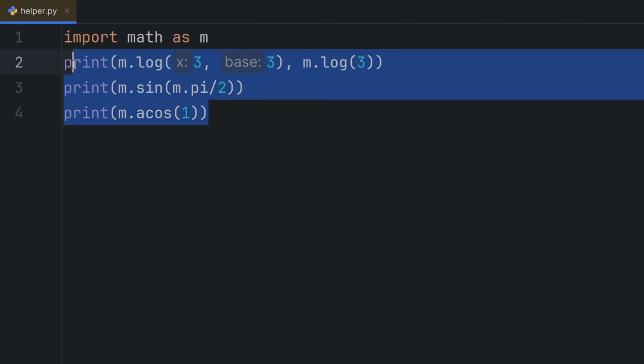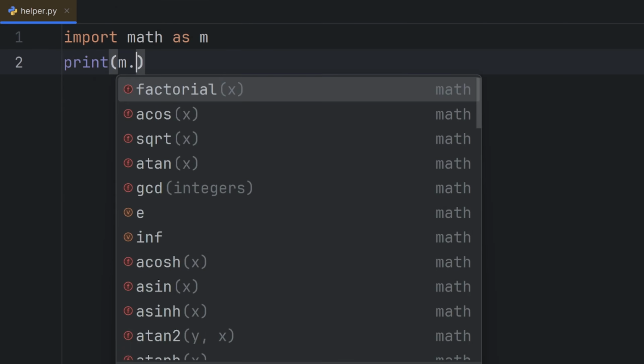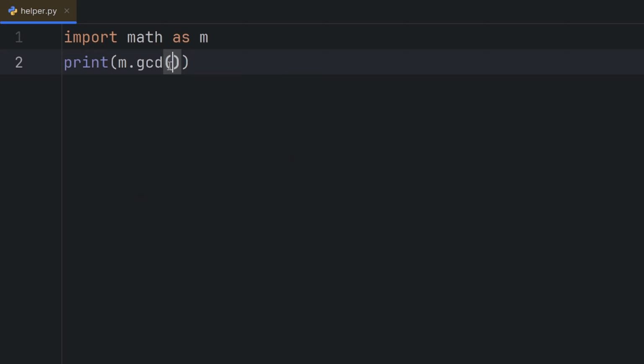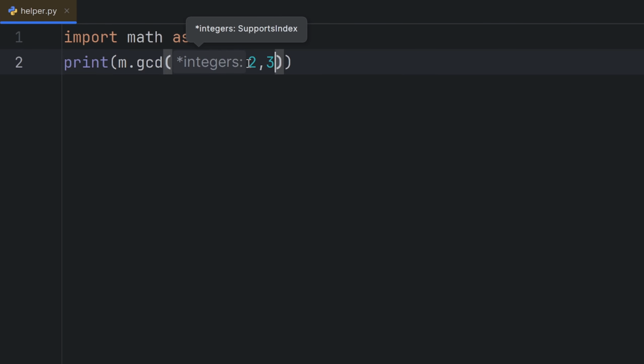Another useful functions that Python has, and not many other programming languages have, are greatest common divisor, which is m.gcd, and here you can pass as many numbers as you want. You don't have to pass 2 and 3, I mean only 2 numbers. As you can see, there's asterisk here, which indicates that you can pass as many as you want.